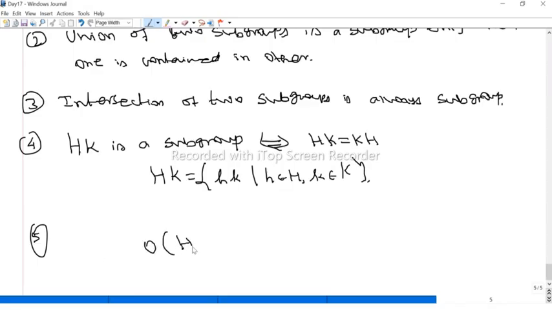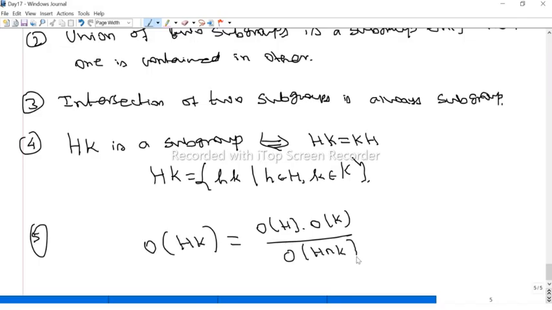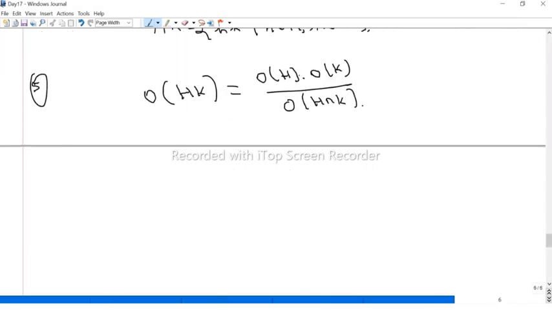The order of the product subgroup is nothing but the order of H into the order of K divided by the order of H intersection K, where H and K are subgroups. Or we can say it in isomorphism form. Once you know the formula, we can easily write it: HK by K is isomorphic to H by H intersection K.